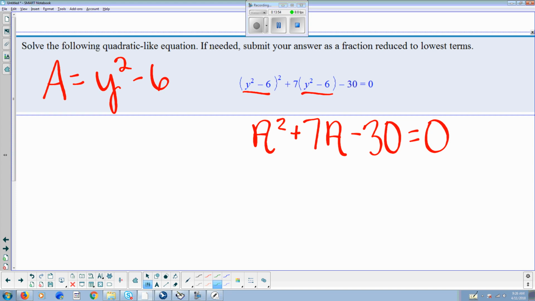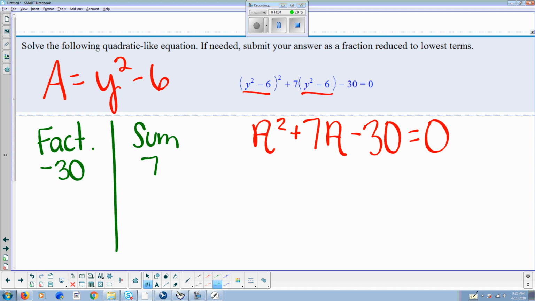So now I want to know what are factors of negative 30 that would give me a sum of 7. Ten times negative 3 multiply to be negative 30, but add to be 7.